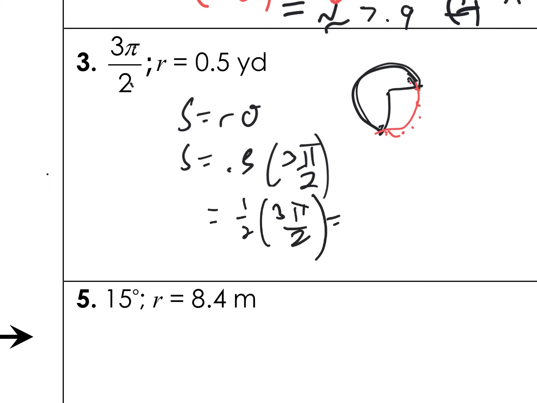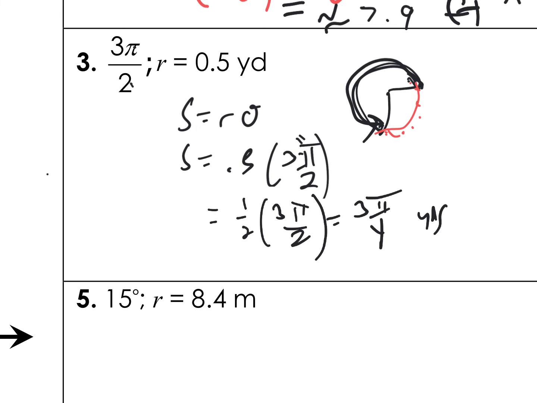You could call it 3 pi over 4. This is a 270-degree movement, but you don't use 270 in the equation. You have to use radians. So I think it's 3 pi over 4 yards.